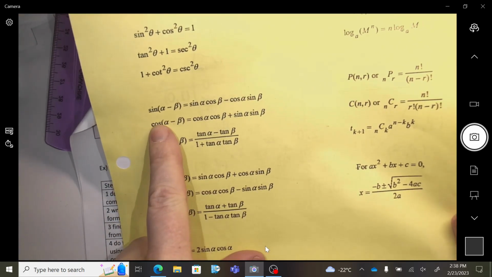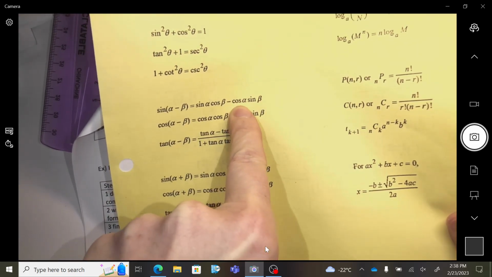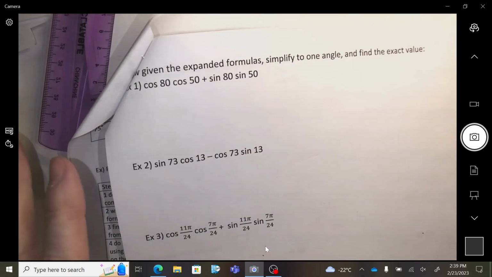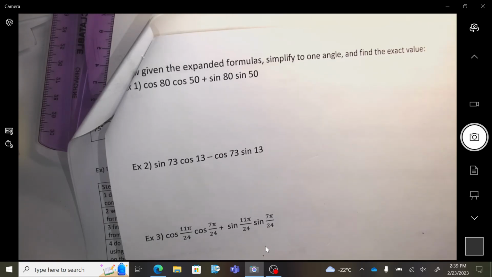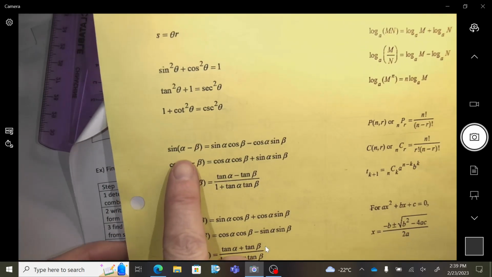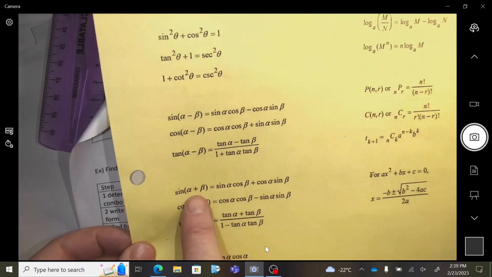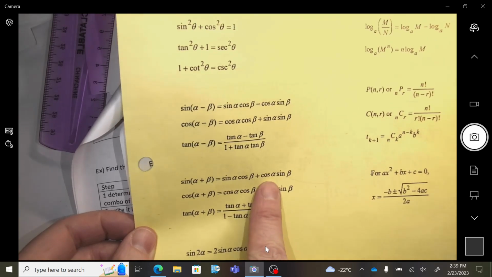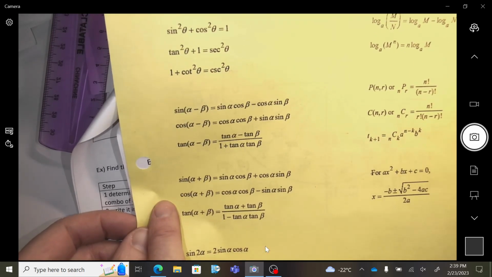So before we were here and then we expanded it, right? This is in the notes? Yeah. Just the next page. So sine of 45 plus 30 or whatever, we expanded it. Now we're going to take the expansion and go back.